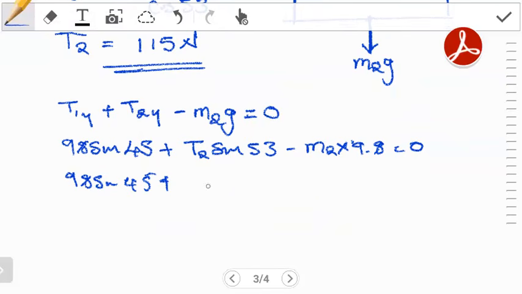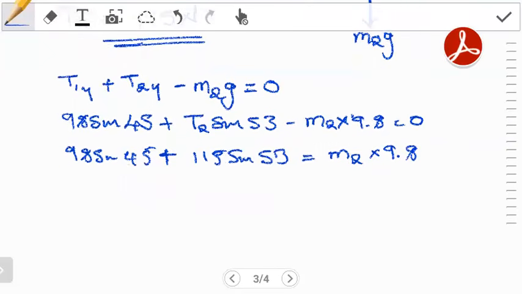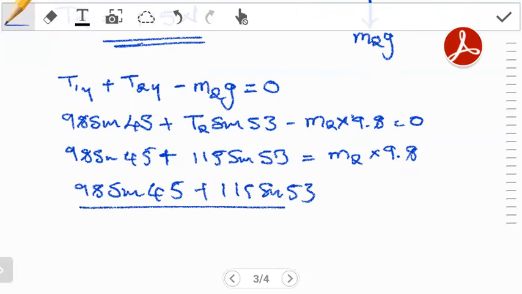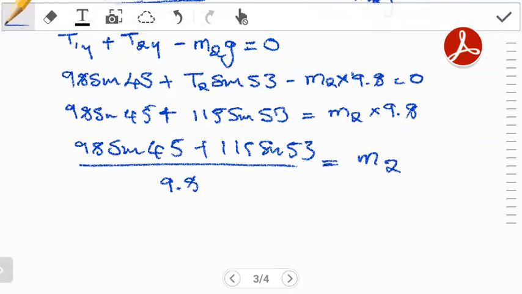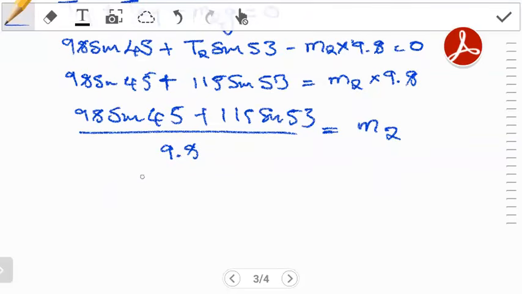T2 we found 115, so this is plus 115 sine 53 is equal to m2 times 9.8. You can divide both sides by 9.8, so you now have 98 sine 45 plus 115 sine 53 over 9.8 is equal to m2. If you simplify, you get 16.4 is equal to m2.